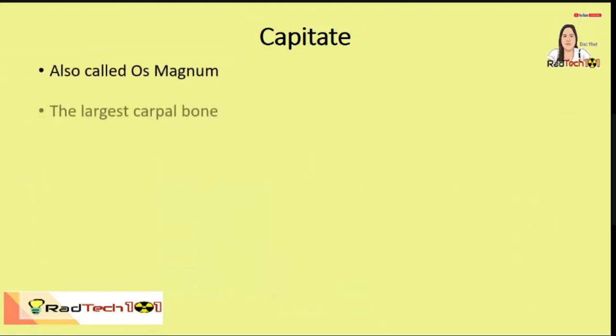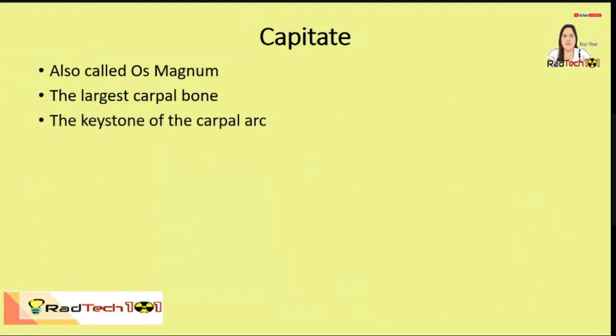Then, for capitate, other term is os magnum, which is, as I have mentioned, the largest carpal bone. It is also the keystone of the carpal arc. So, ito yung pag sinabing keystone, ito yung main na attachment niya. Ito yung important foundation ng carpal arc. So, kapag ginawa natin, nag-arc tayo ng ating wrist, so that is because of the capitate.